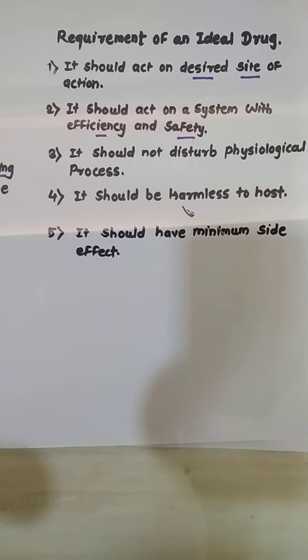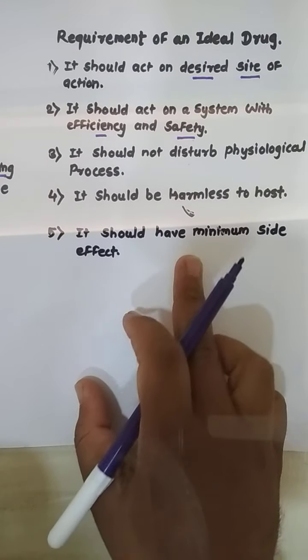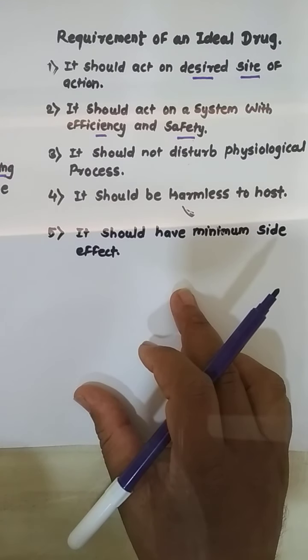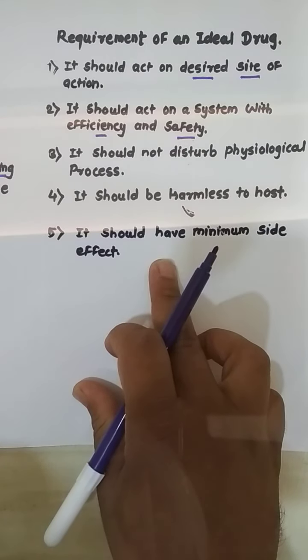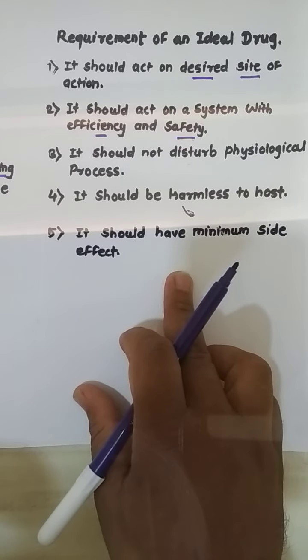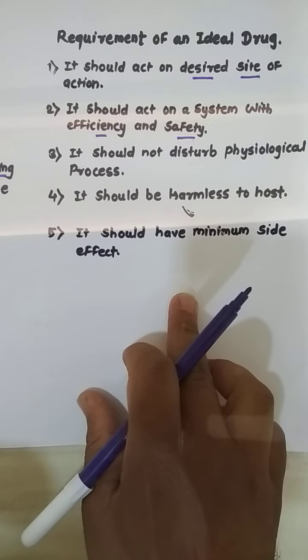When we consume drugs, they cure a disease, but at the same time they have some side effects. So an ideal drug should not have any toxicity and should have minimum side effects. That's it. These are the requirements of an ideal drug.